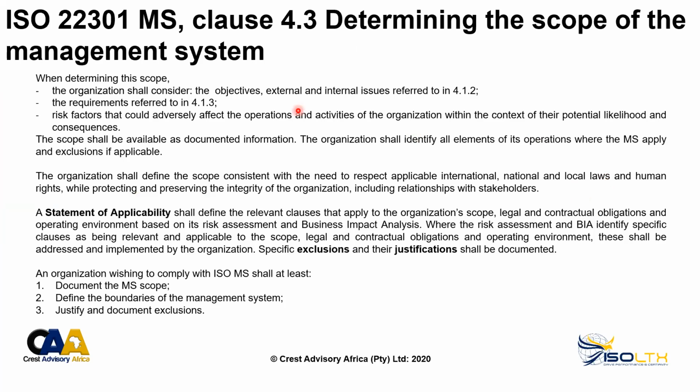So if you're looking at clause 4.3 of ISO 22301, now 22301 was of 2012. Just remember, 22301 of 2019 is different from the one in 2012, and if you are putting out a tender or an RFQ, you need to state 2019, not 2012.